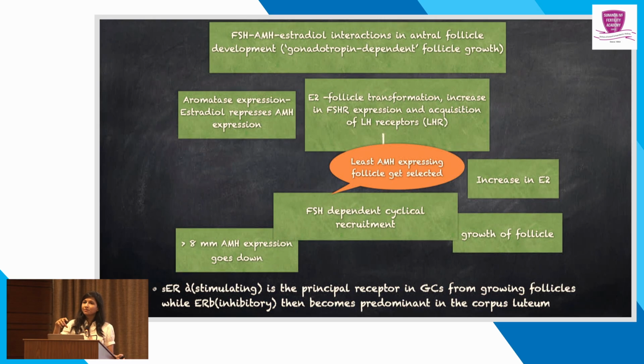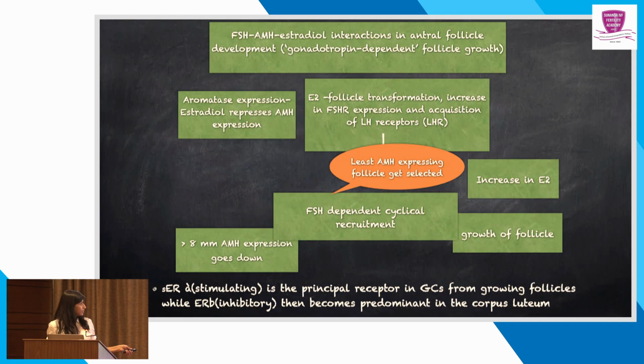There is more E2 being generated with granulosa cell proliferation, and this follicle is going to lose AMH expression. So the follicle which loses AMH expression first, acquires the LH receptor first, and is regulated by more E2 is the follicle which is going to become dominant. That is why an increase in E2 leads to growth of the follicle, and there is cyclical recruitment of follicles.